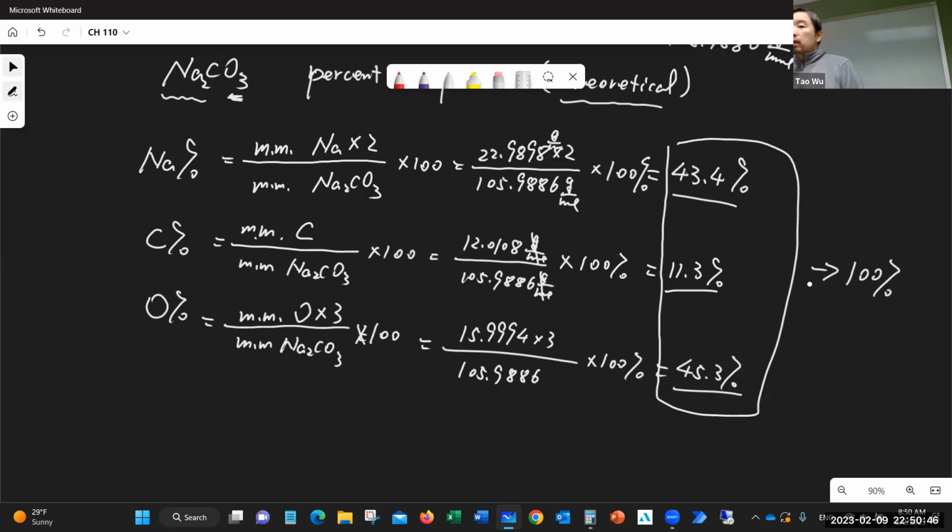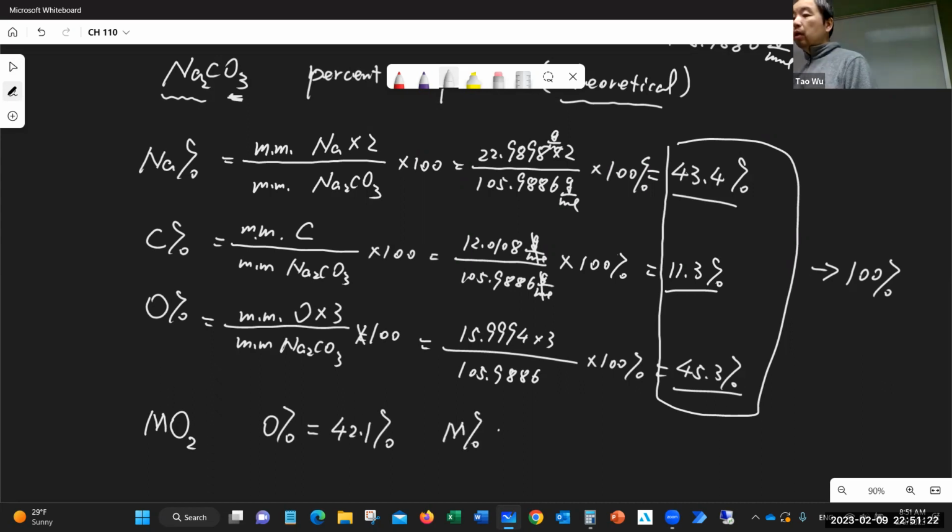So that is why, if there's an unknown, for example, if we have a compound combining oxygen and some metal, and we got the oxygen percent in this compound is 42.1%, that means what is the percentage for the metal?